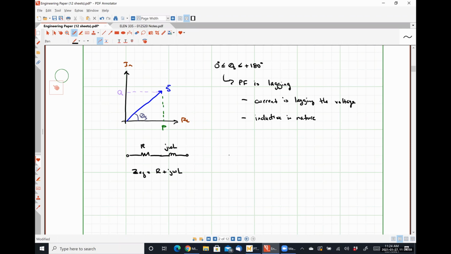If instead we had this, our equivalent impedance is going to be R times j omega L divided by R plus j omega L. It's a little bit harder to see what's going on here, right?